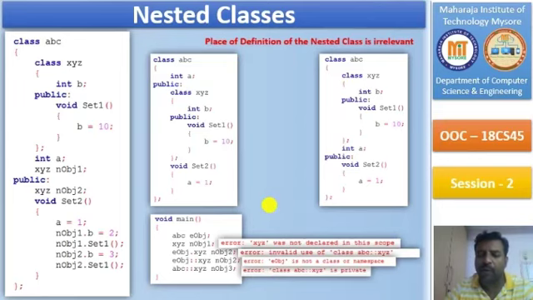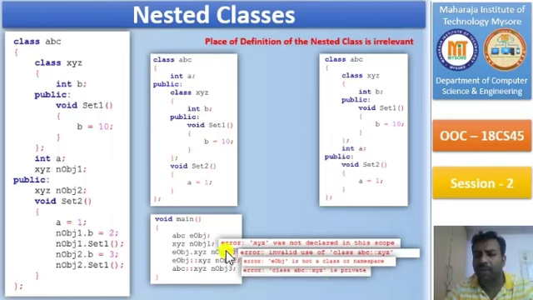For this reason I'm going to get the error that class ABC XYZ is private, hence you cannot even create an object for the nested class outside the class, in the main function or any non-member function.